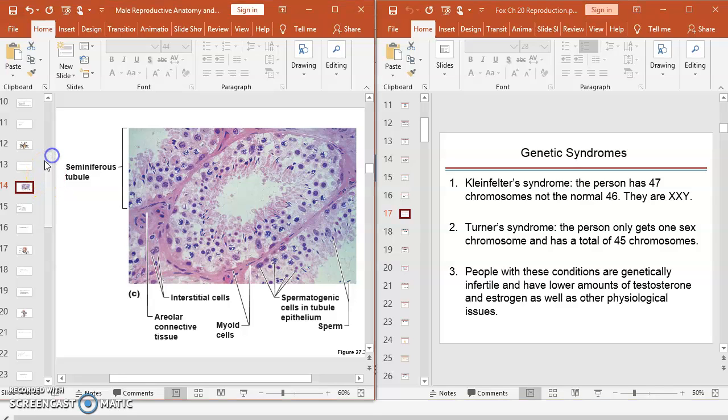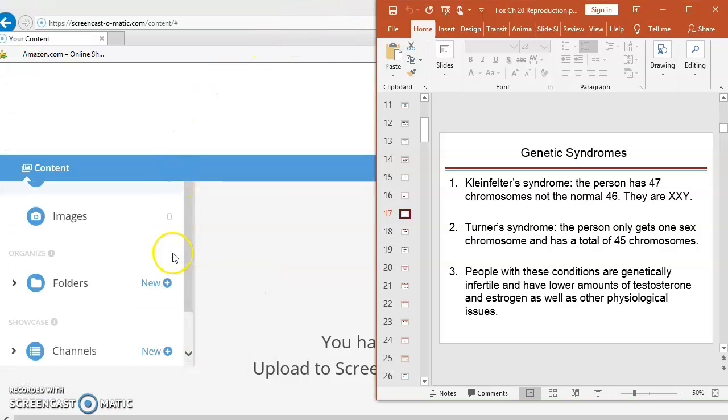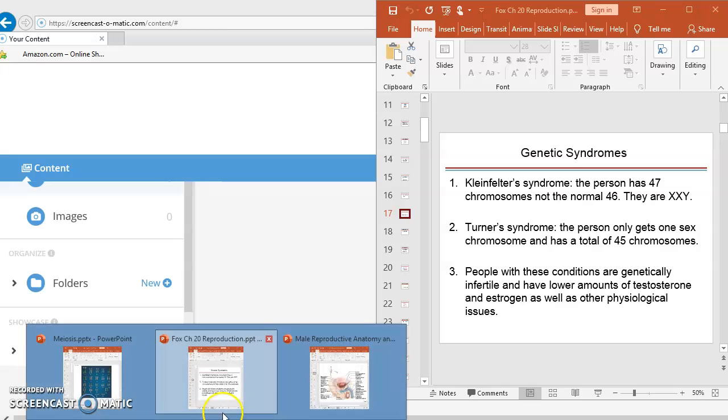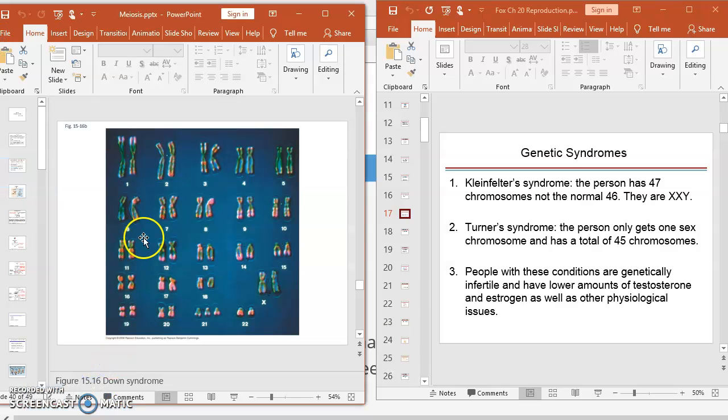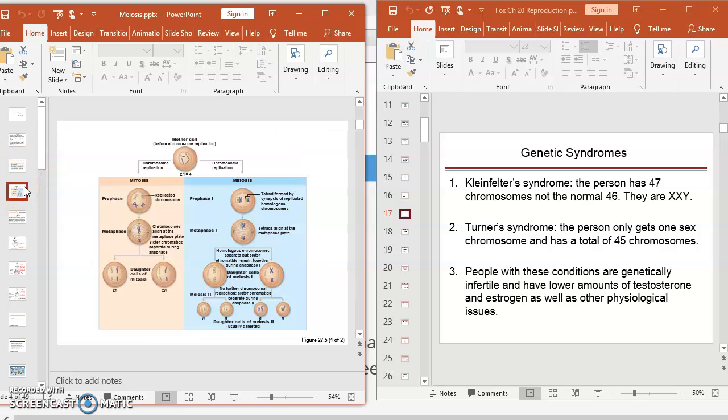Okay. Now, in meiosis, there is a process that I want you to study. What has to happen is that you have to separate and break the centromeres and pull to the cells.